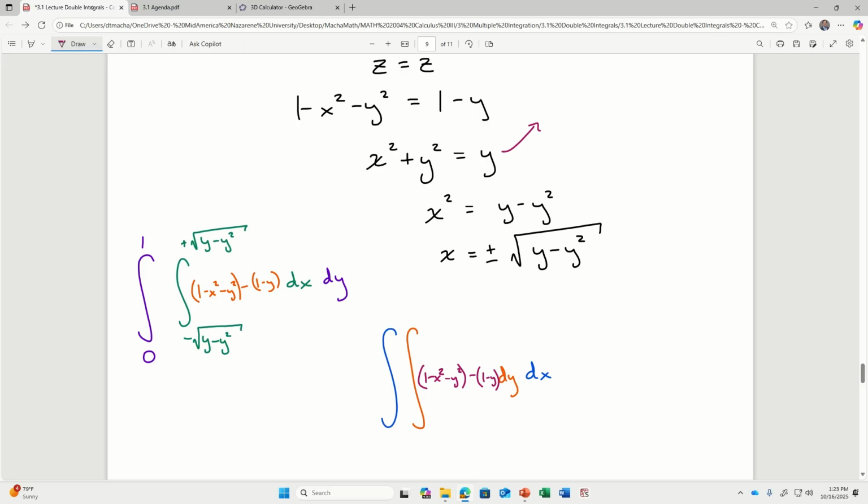There's another way I could deal with this. I could rewrite this as y squared minus y plus x squared equals 0. And then we use the quadratic formula.